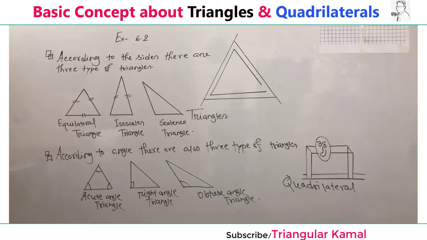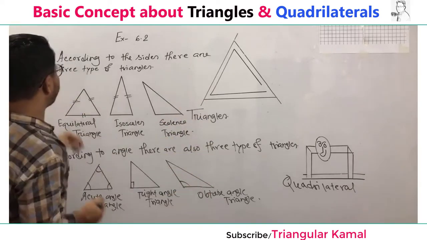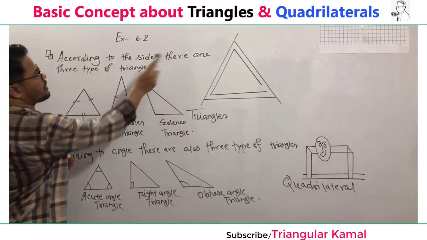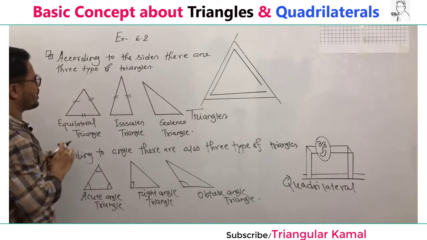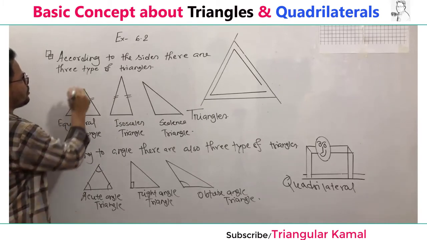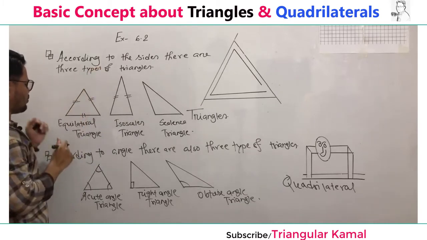Inshallah, we are going to discuss our topics formally. The first information here, according to the side, there are 3 types of triangles. So we can use as a plural 3 types of triangle.